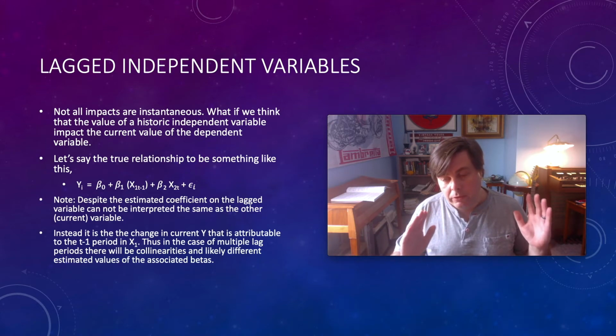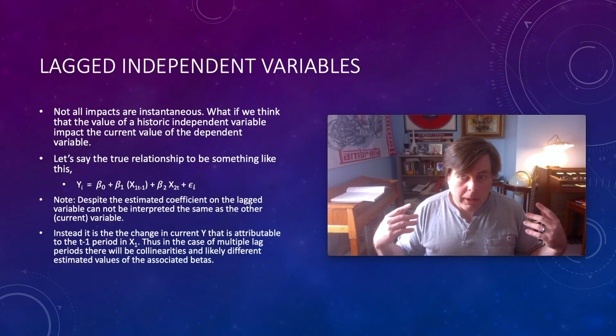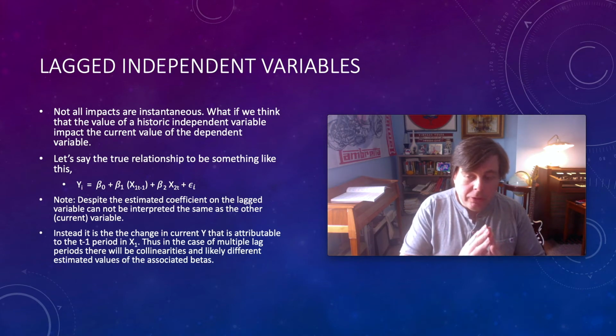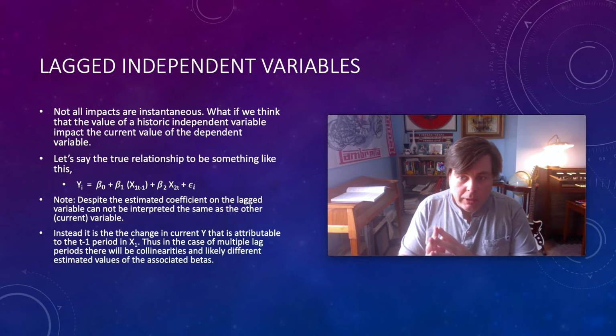We could run several different lag periods against Y, and then our estimated beta associated with each of those is going to tell us how variations in the X variable in that period are impacting Y.